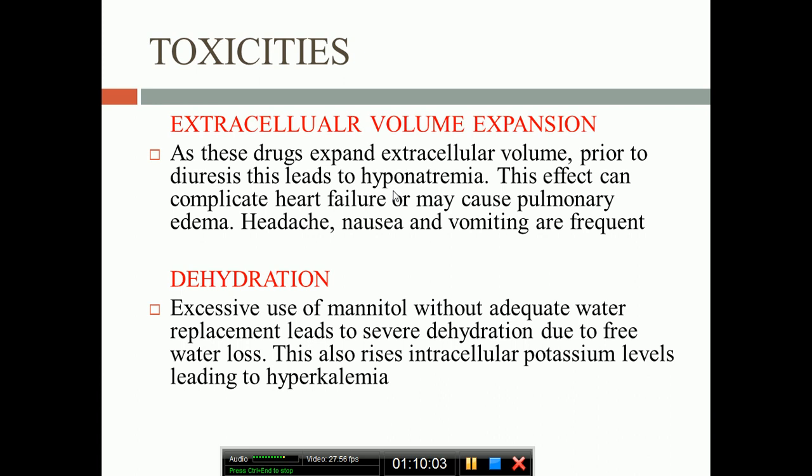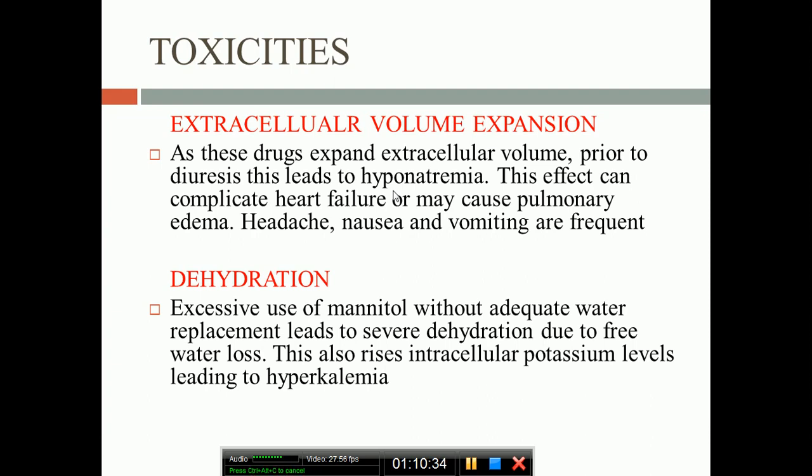Again, referring back to the same example, the normal quantity of sodium in extracellular fluid is 135 or 145 milliequivalent per liter. So if someone is having 5 liters, for example, 135 milliequivalent per liter multiplied by 5 will be the total sodium.